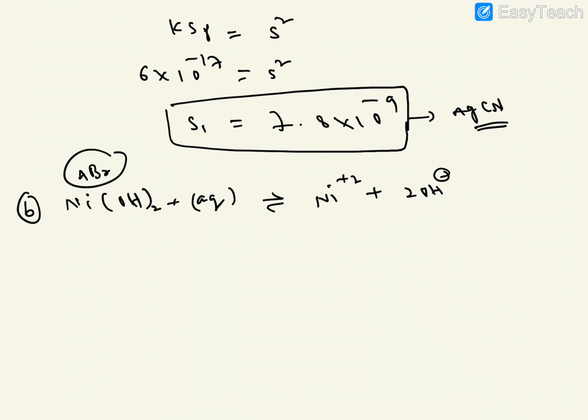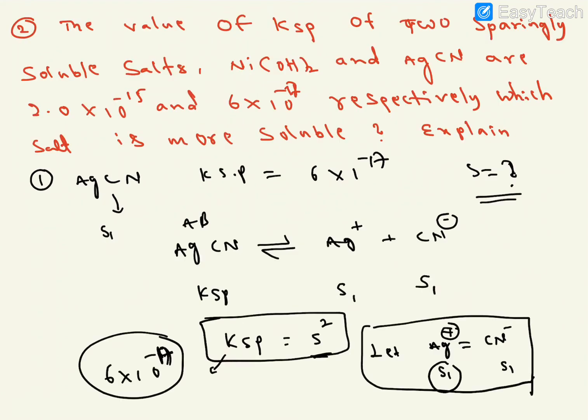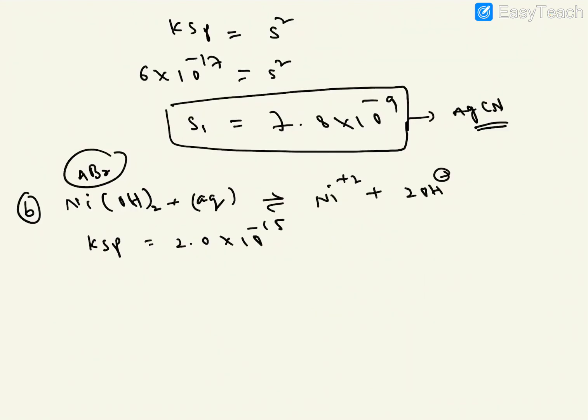This is an AB2 type salt, and we already calculated the solubility product. The Ksp of nickel hydroxide is 2.0 into 10 to the power of minus 15. The nickel concentration, only one nickel, is S2.